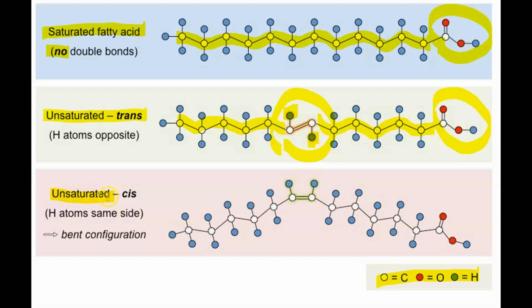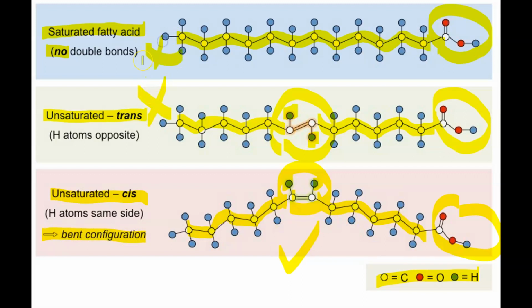I've got my unsaturated cis fats here, with my hydrocarbon chain once again and my carboxyl here, but here is my double bond, and you can see the hydrogens in blue are on the same side, or the cis side. So we've got the bent conformation. Again, these are going to be the healthy ones. These are the unhealthy fats up here.